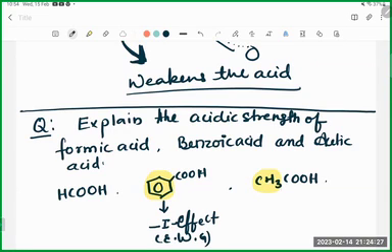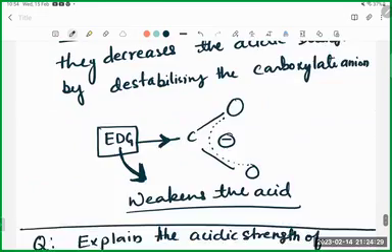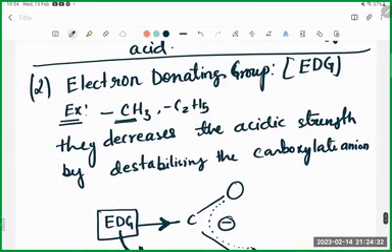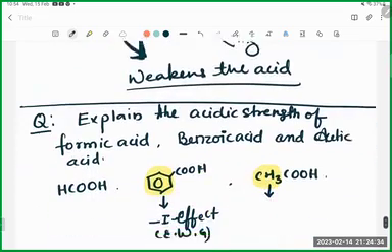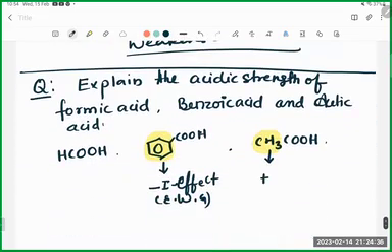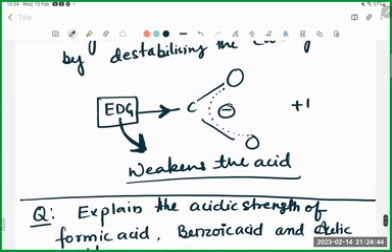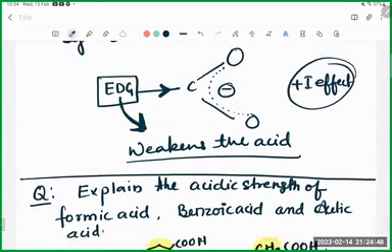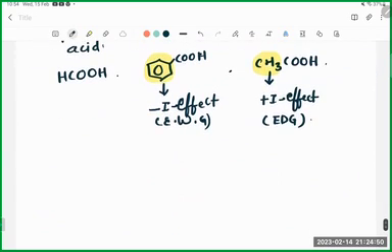And this group, remember CH3 and C2H5 alkyl groups, what do they show? Plus I effect. This is called EDG, electron donating group. Correct? So which increases the acidic strength?